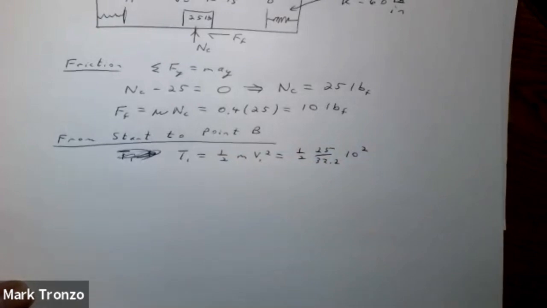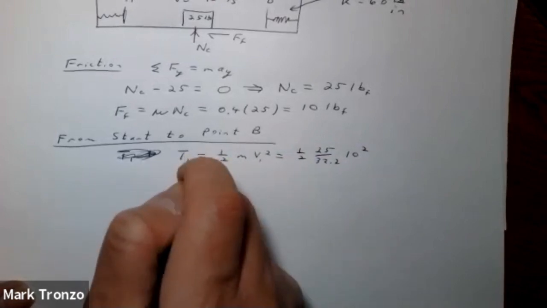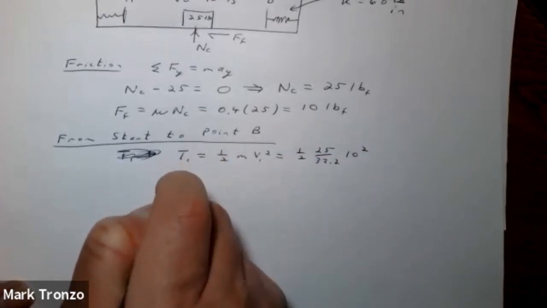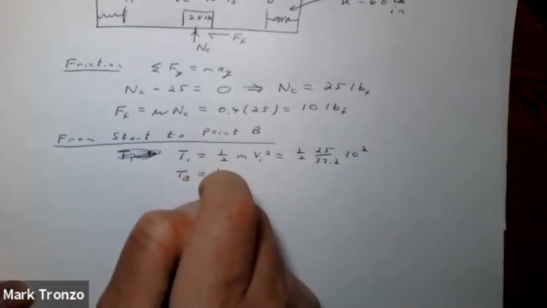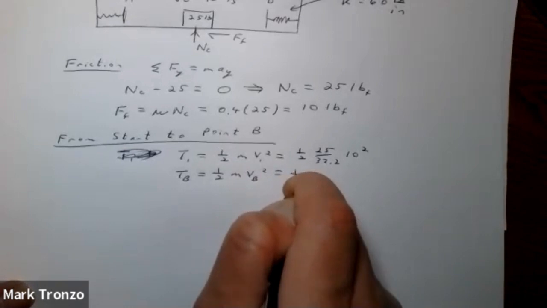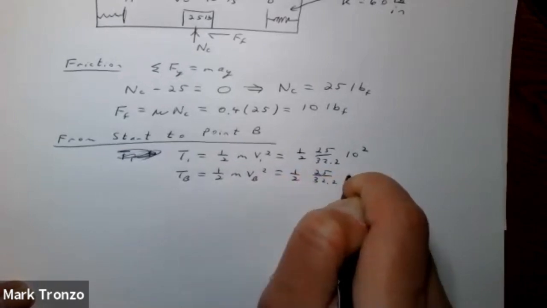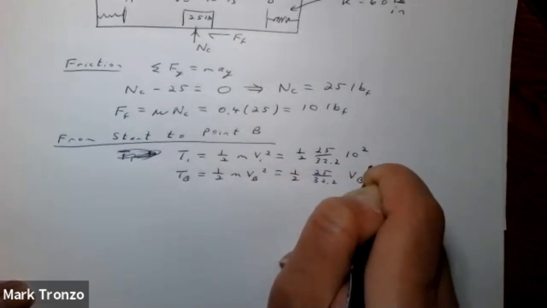And then we want to find out what's going to happen when it gets to B. 1/2 MVB squared, so 1/2 the same thing, 25 divided by 32.2 VB squared.